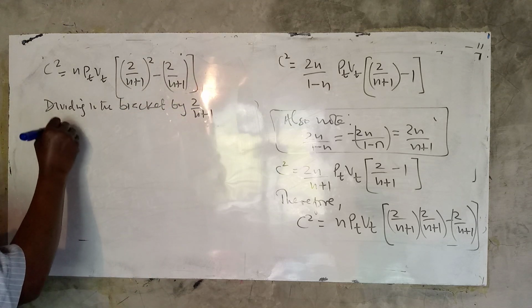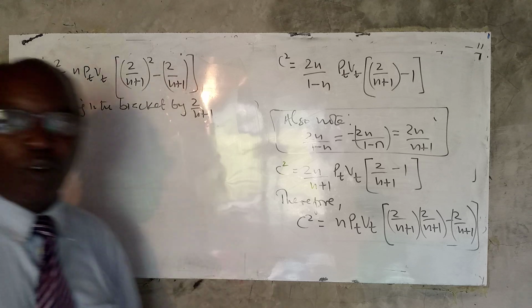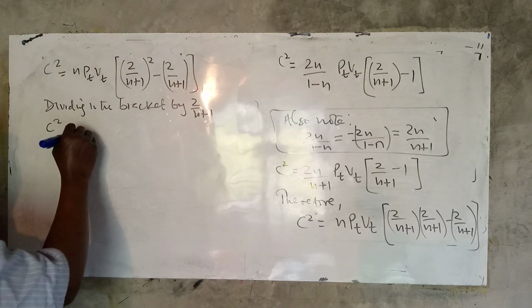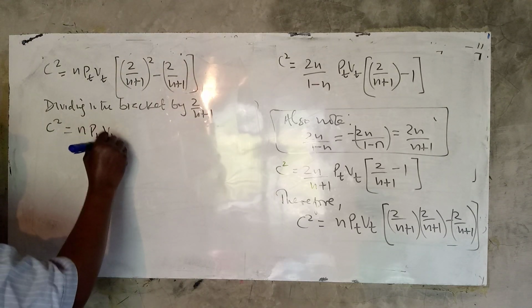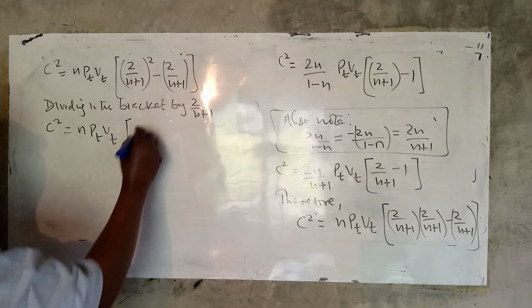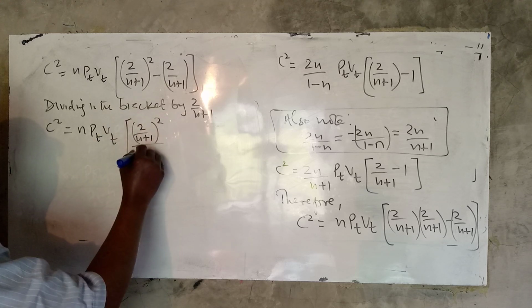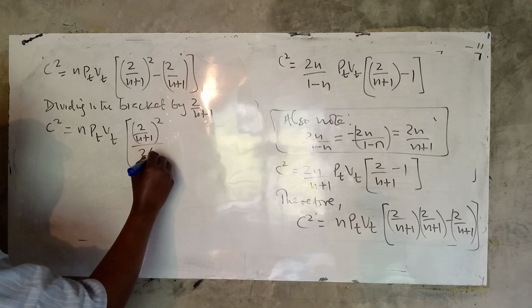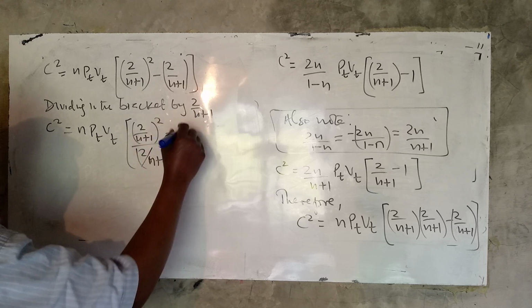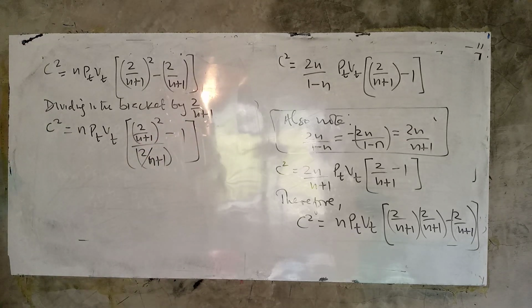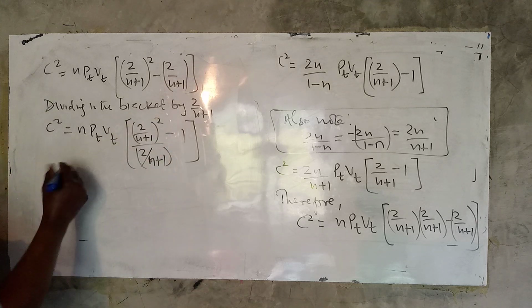To simplify it, you have c squared, just dividing by 2 over n plus 1, will be n pt vt into 2 over n plus 1 squared divided by 2 over n plus 1, minus 1. And of course, that is very simple.